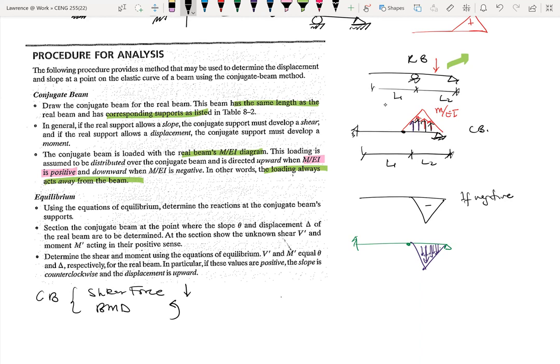Normally, if you're moving from left to right. So that's the direction we go with.